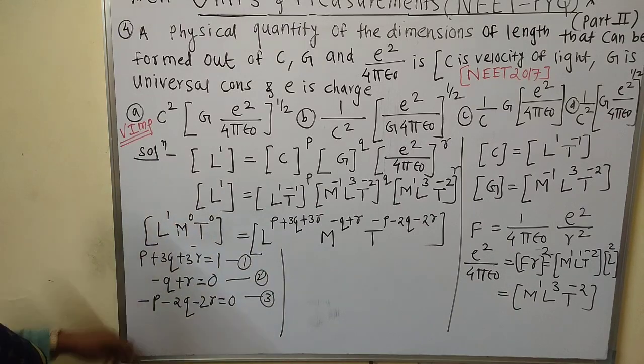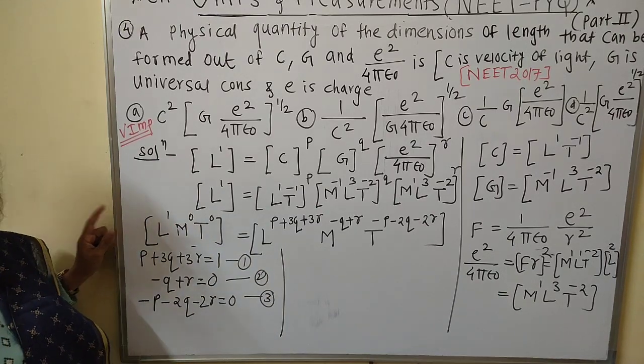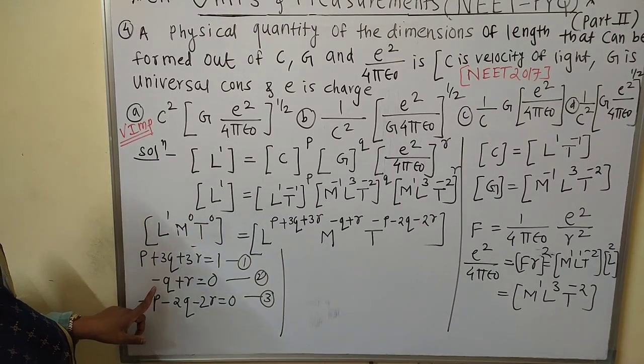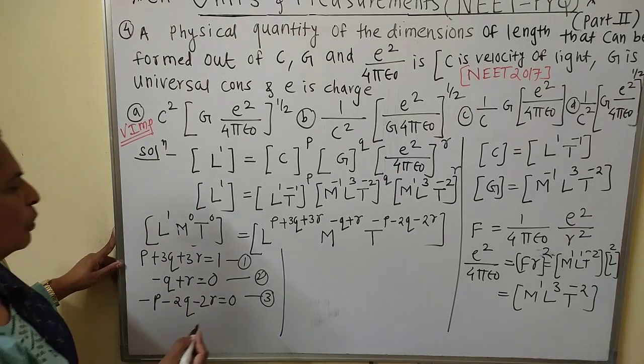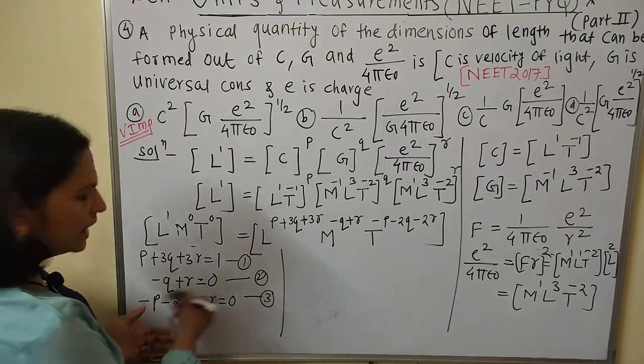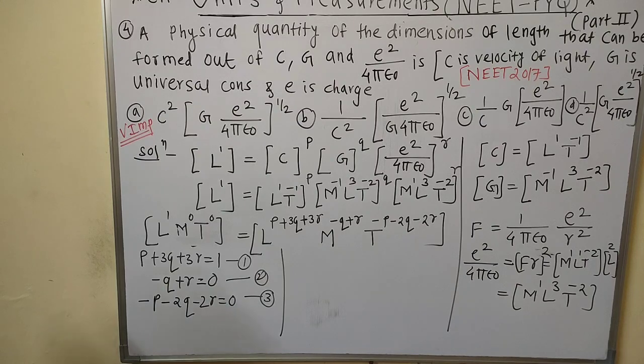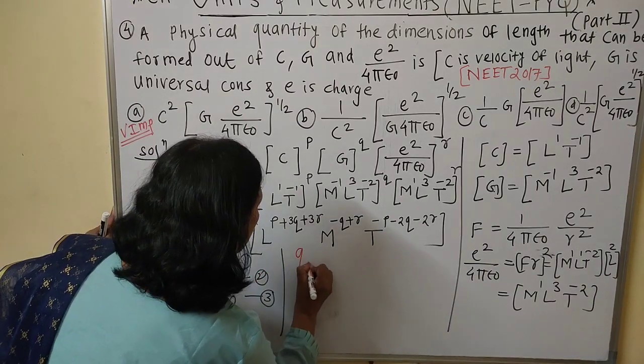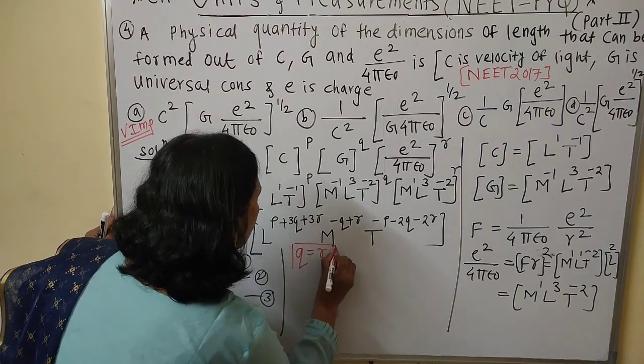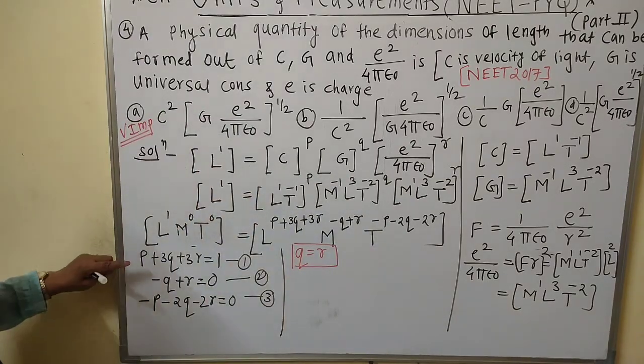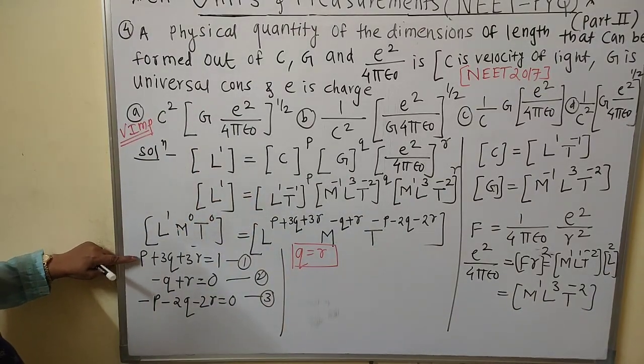Now these three equations and three variables are there. Now we have to solve this. From equation 2 we can write Q is equal to R. Now add equations 1 and 2.